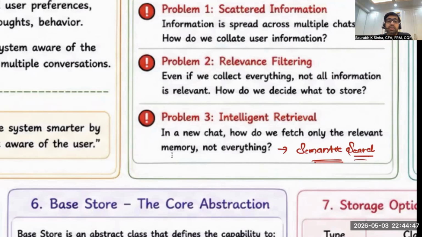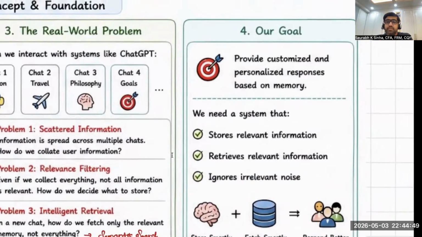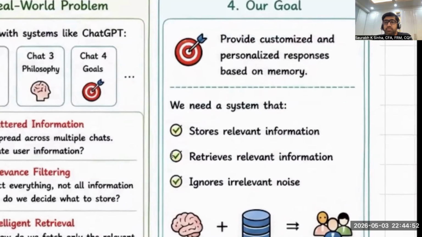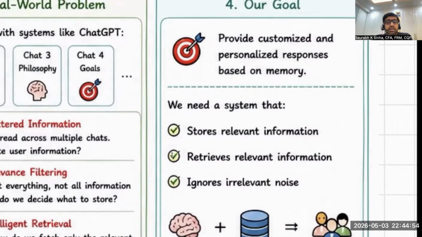Understand what we are trying to build. The goal here is to build a system that delivers personalized and customized responses based on user preference, user thinking pattern, user behavior, and user past interaction and relevant past interaction.